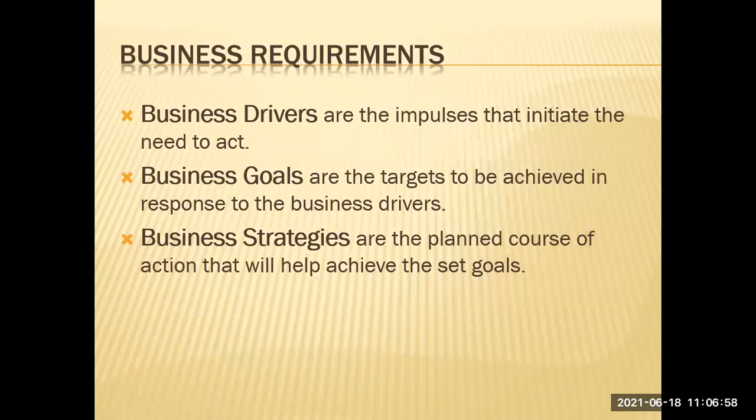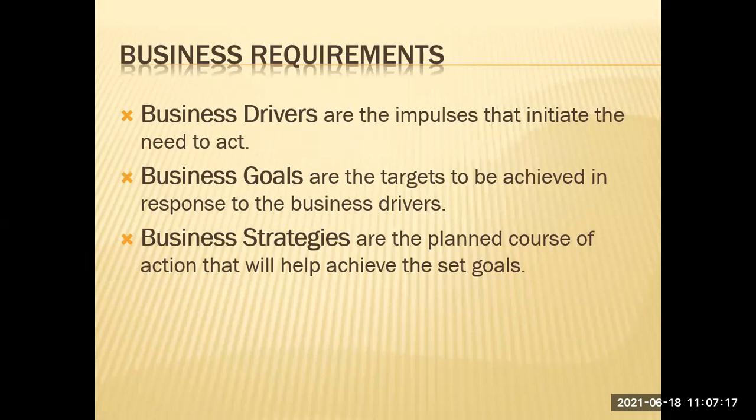Let us have a look at what the business requirements contain. Your business requirements is again made up of 3 points. What are those 3 points? They are business drivers, business goals, and business strategies.